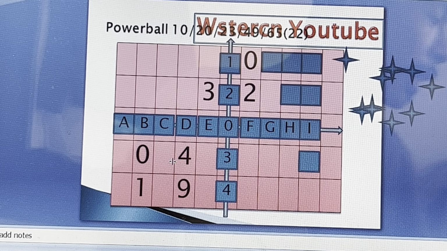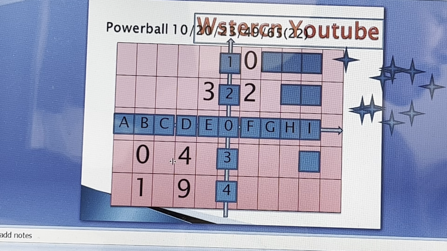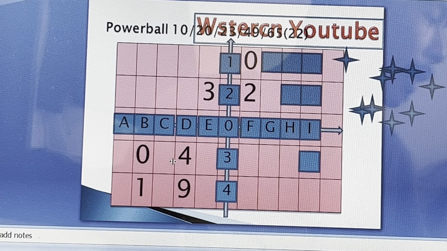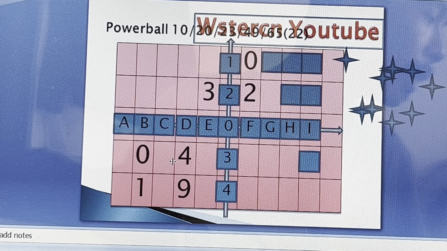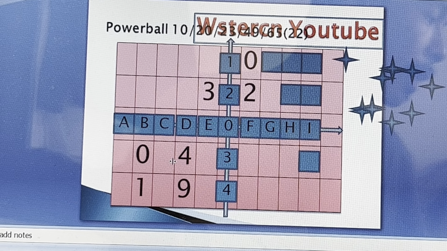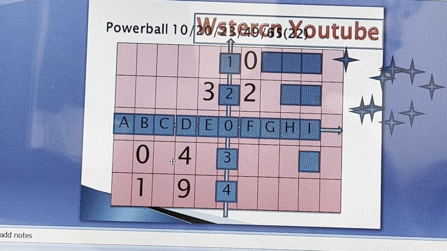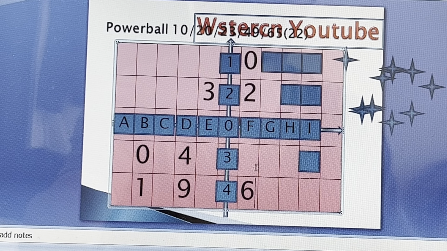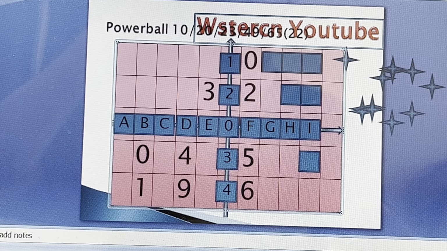Now 65. F4 and F3. 65, you see that? F4 and F3.